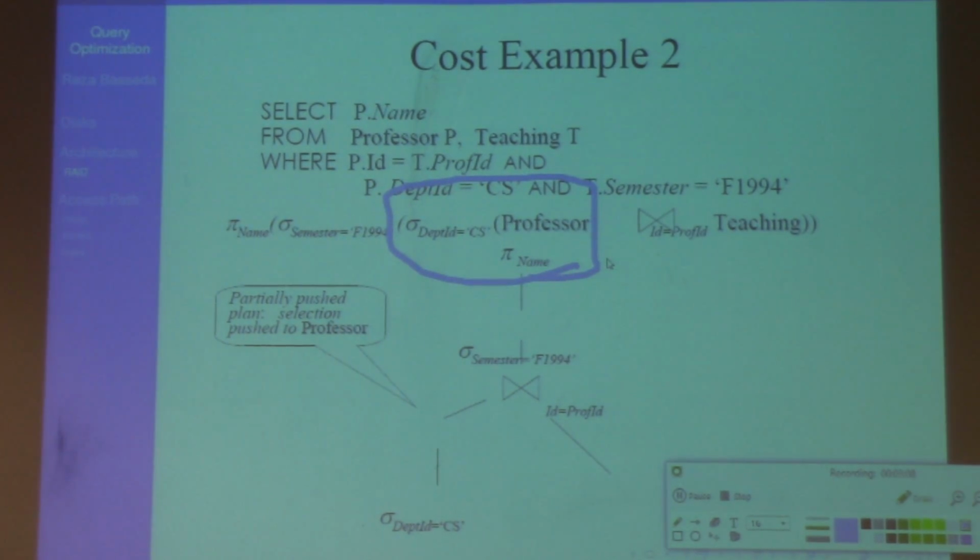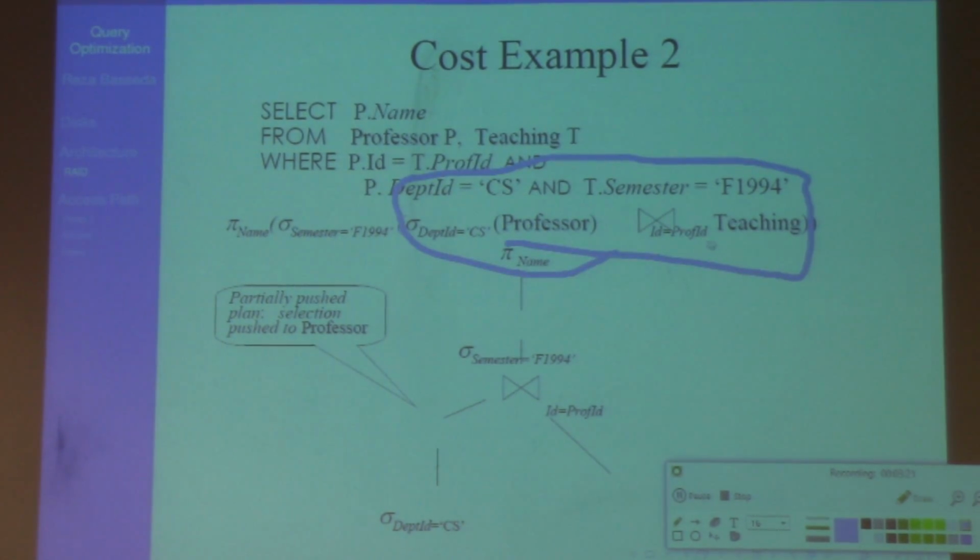Then, since it's clustered, we can go through the pages and find a few professors who are teaching in the computer science department. Then we will join the result with the teaching table. Finally, we will select the records of semester fall 1994.